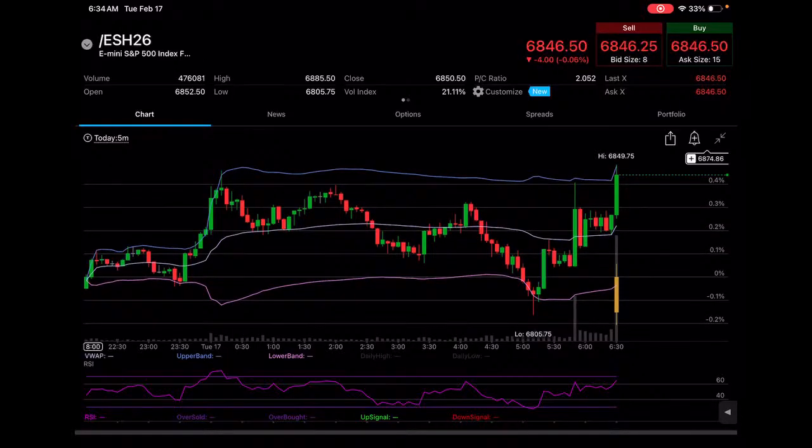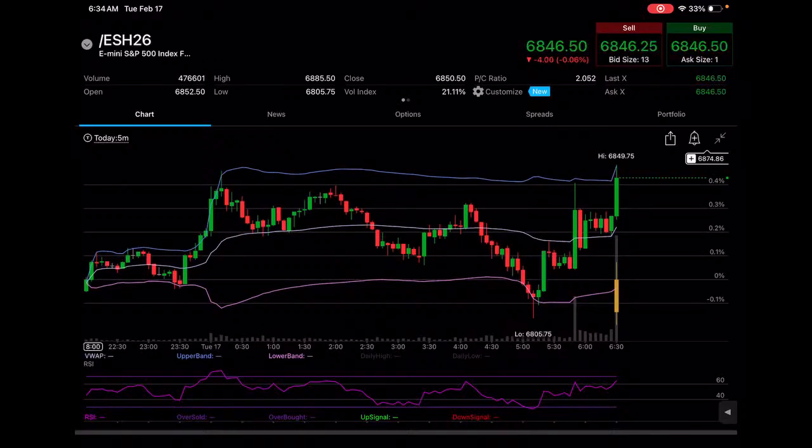So I take a screenshot of the market structure, which is the screen with the candlesticks and the VWAP line.